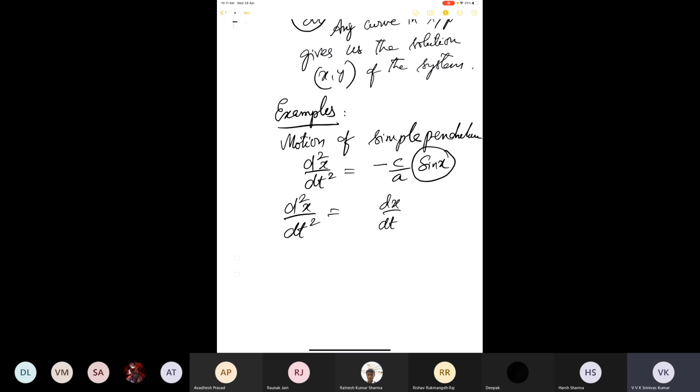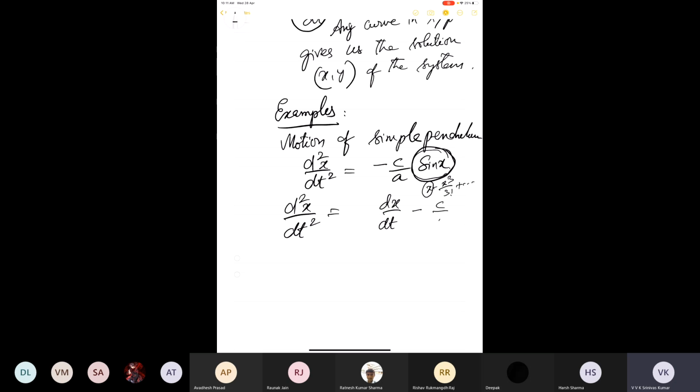For small oscillations we can approximate, because the sin x series is x minus x cube upon 3 factorial and so on. If we put x as the approximation for sin x, then for small oscillations we have a simple pendulum equation like this.